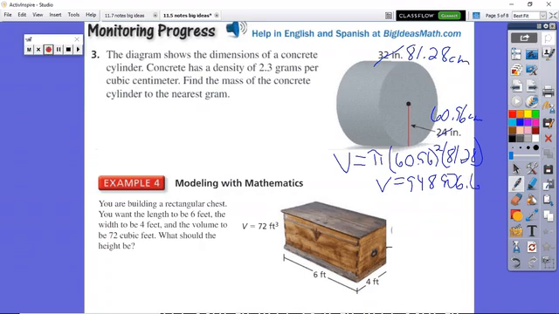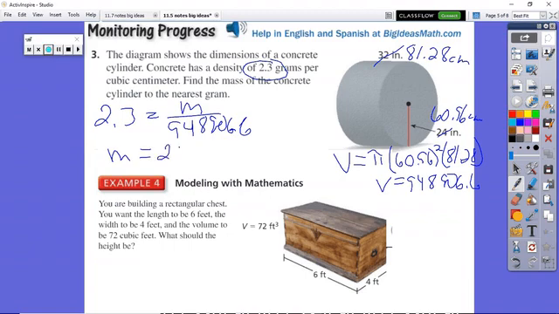So my formula, D equals M over V. Density is 2.3, so 2.3 equals mass over 948,906.6. So the mass of this concrete cylinder is 2,182,485 approximately, and that is in grams.